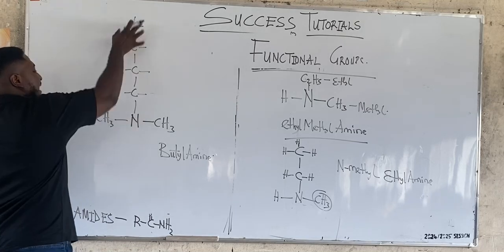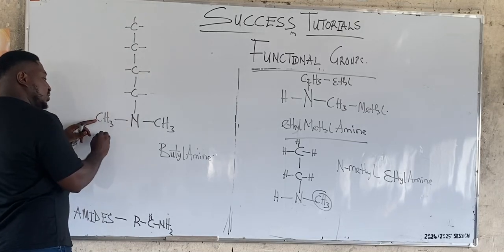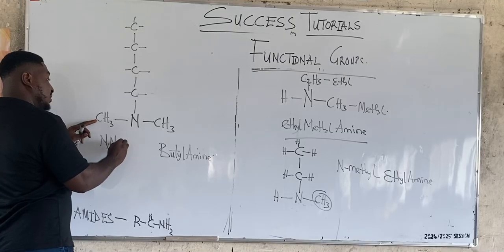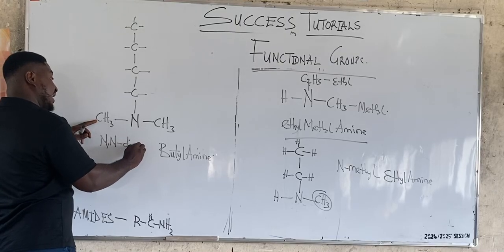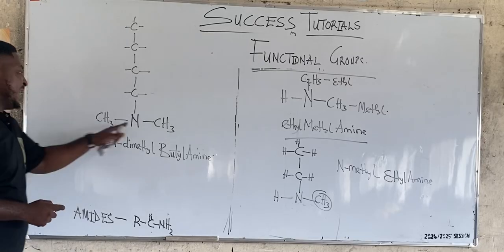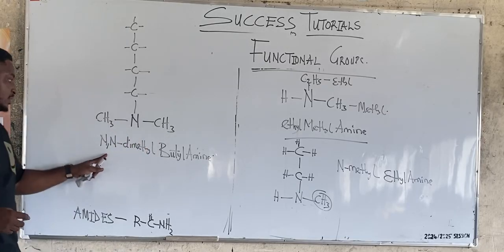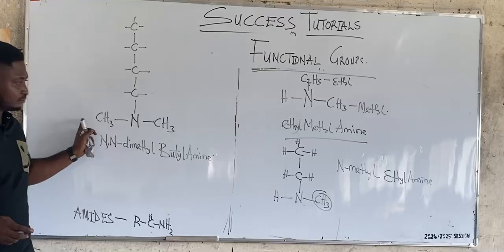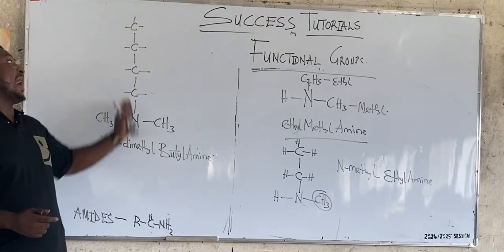So if this is butylamine, these two are branches. So that will be N, N-dimethyl. Di what? Butylamine. N,N-dimethyl butylamine.